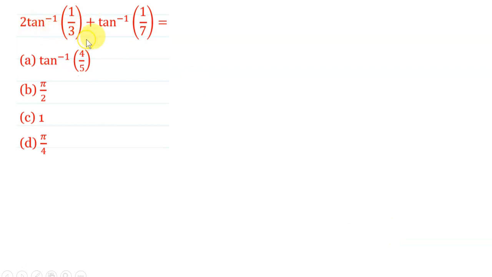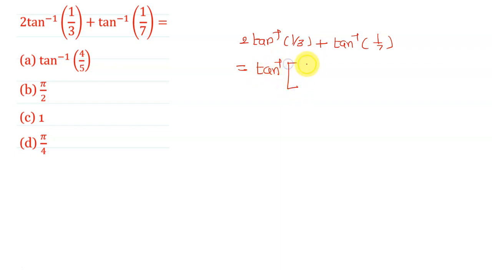Okay, now the next. 2 times tan inverse of 1 by 3 plus tan inverse of 1 upon 7 is equal to what? Again here we apply the formula. Using the result for 2 times tan inverse of 1 upon 3, we have tan inverse of (2 into 1 by 3 upon 1 minus 1 by 3 into 1 by 3) plus tan inverse of 1 upon 7.